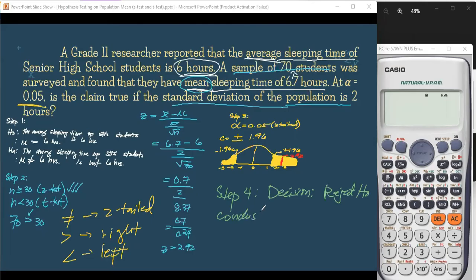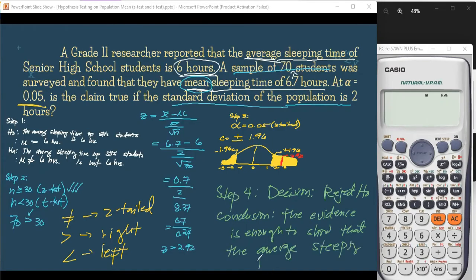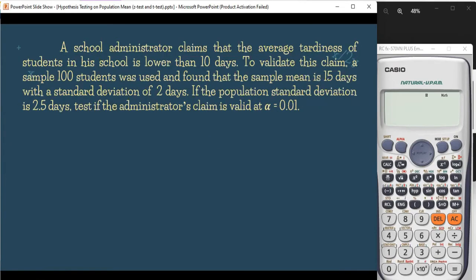So, ang conclusion po natin is that the evidence is enough to show that the average sleeping time of senior high school students is not 6 hours. Okay, let's have the second example.